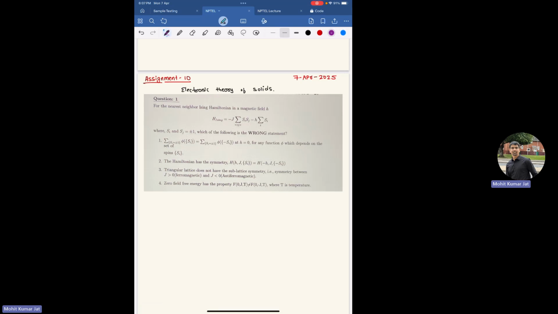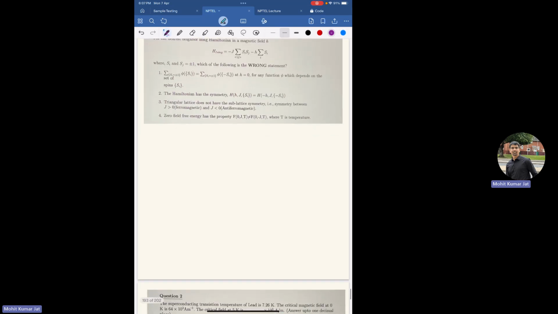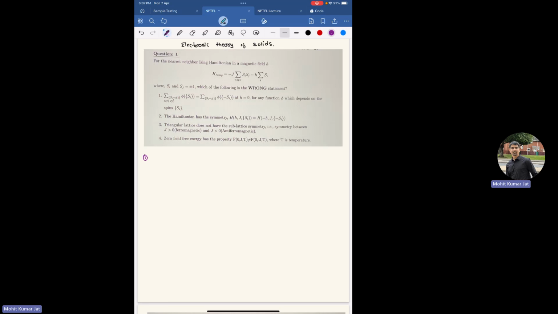So having said that, let's approach the first option, which says that the summation over Si equals plus minus 1 of phi, which is a function of Si, is equal to the summation over Si equals plus minus 1 of phi of minus Si, at h equals 0, for any function phi which depends on the set of spins Si.